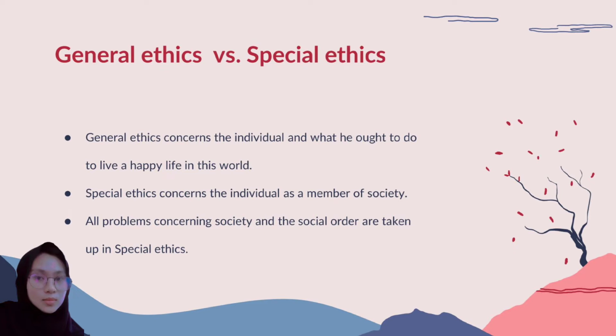It explains the norm which determines the morality of human acts. Special ethics is the application of the principles of general ethics to problems and issues, taking into account a person's circumstances in life, for instance as a citizen, worker, wife, husband, or child.